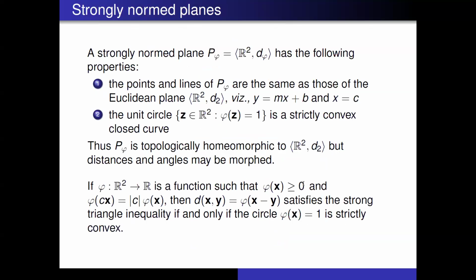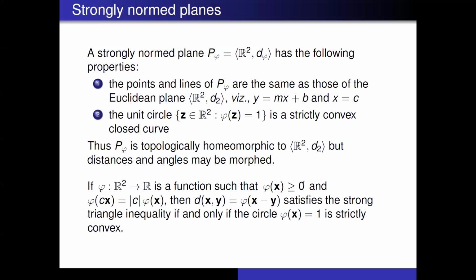Okay, suppose instead of just the regular norm, you use one of these norms and assume that it's a strong norm. So a strong triangle inequality holds. Then the amazing thing is the points and lines are exactly the same points and lines that you're used to.